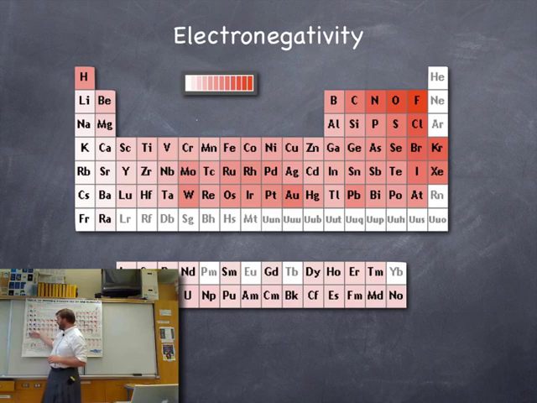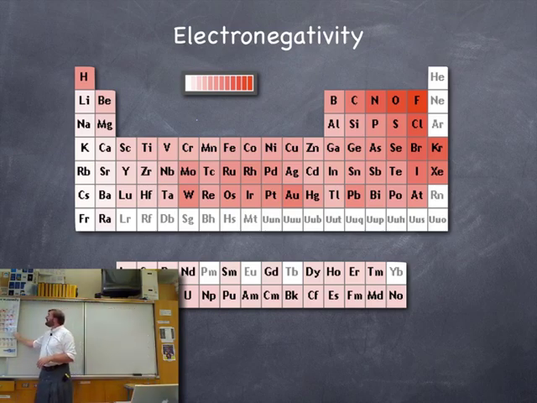Electronegativity decreases as we go down. So something like cesium or francium have the lowest values on the periodic table, whereas fluorine has the highest. All right? So greater difference, greater spread on the periodic table, bigger ionic character. And that's going to have a lot to do with what we call polar covalent bonds, which we're going to talk about in a couple of days.